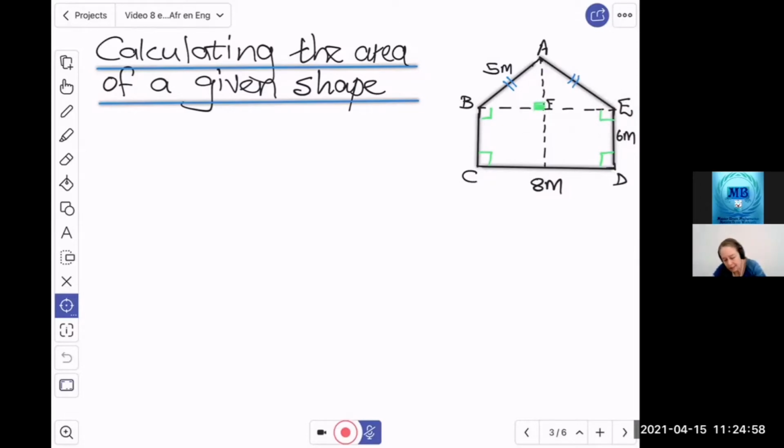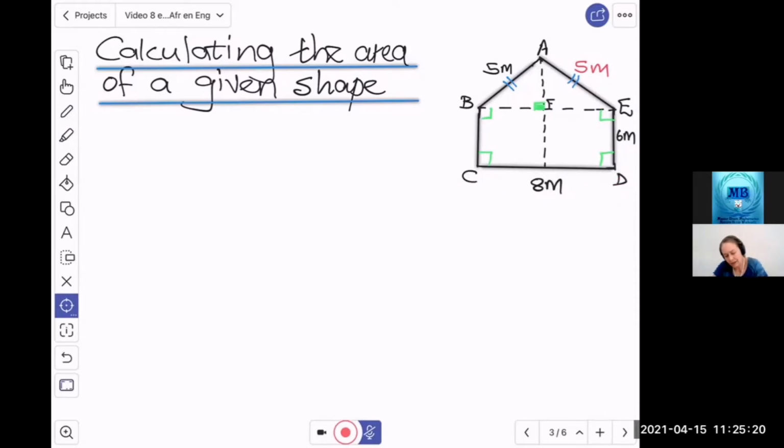We can also see by means of these little lines that this side is equal length to this side. So let us just indicate that. It means that AE is also 5 meters long. Right, and then we can also see that we have a total of 8 meter length here.